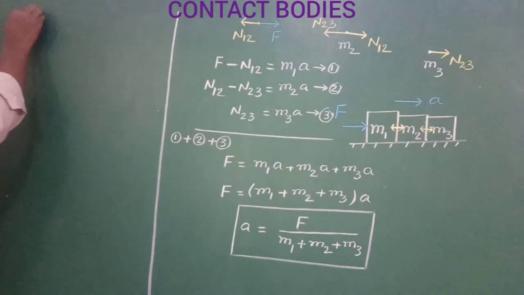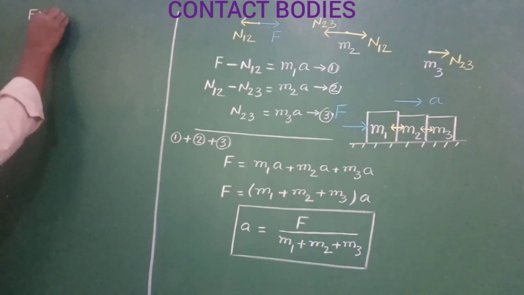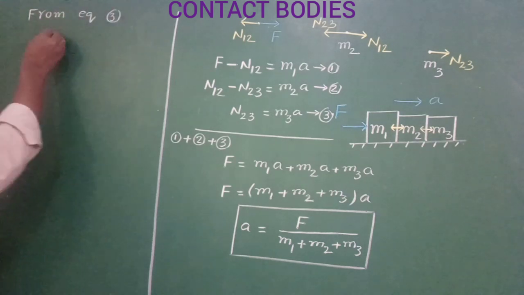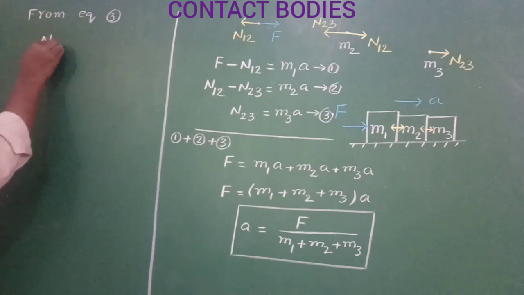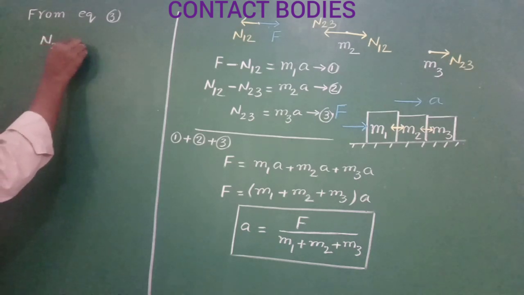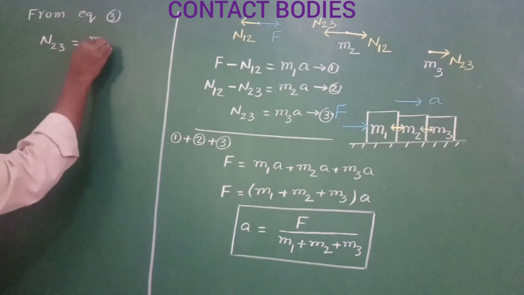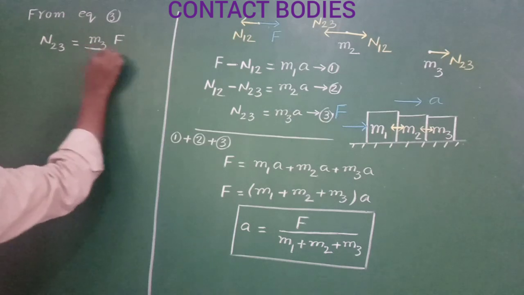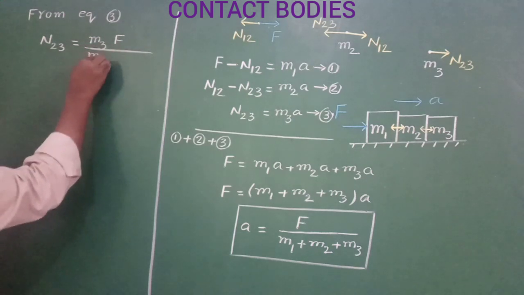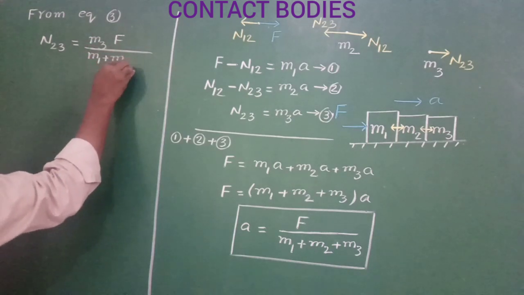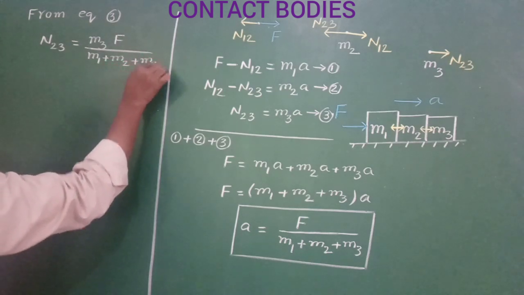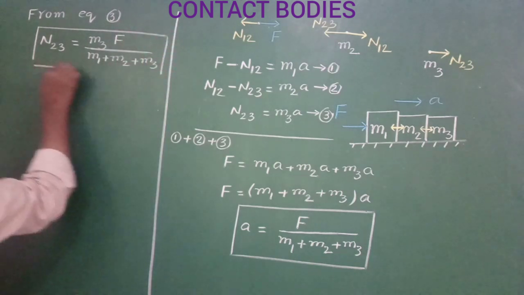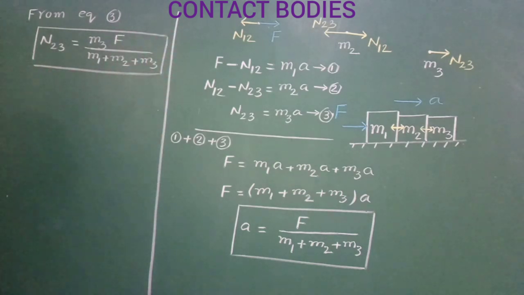So, from equation 3, normal reaction N23 is equal to M3 into A value, we know F divided by (M1 plus M2 plus M3). This is the normal reaction between block 2 and 3.